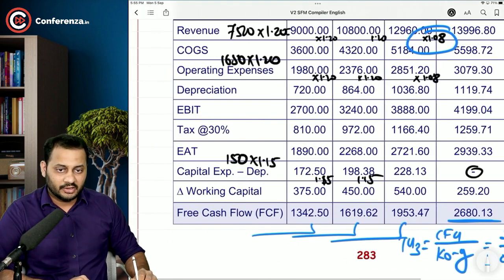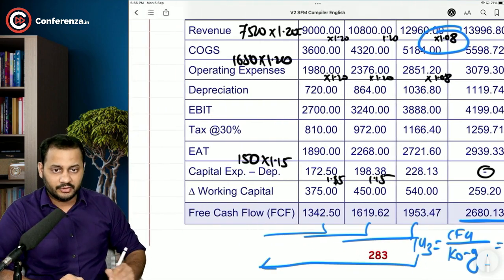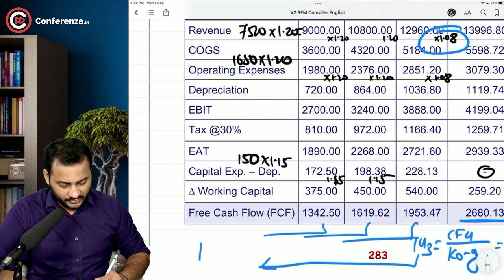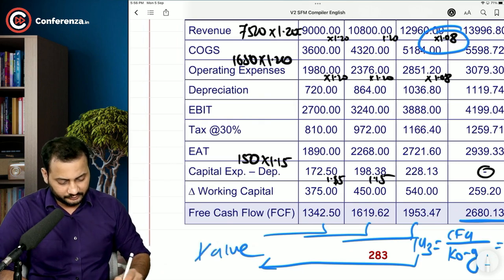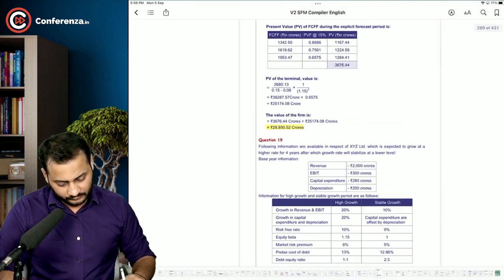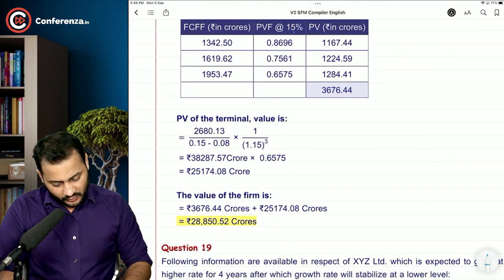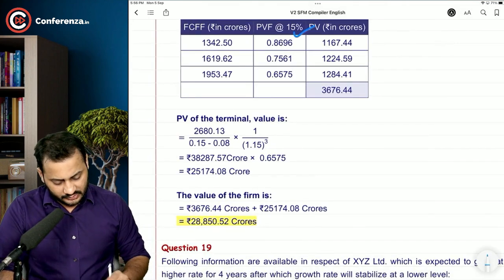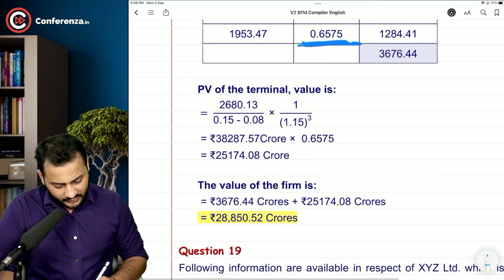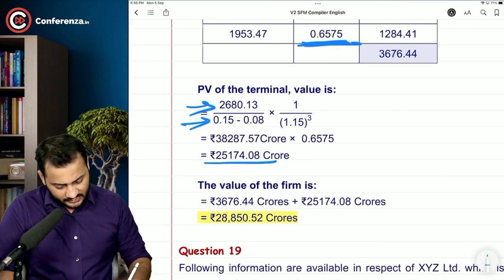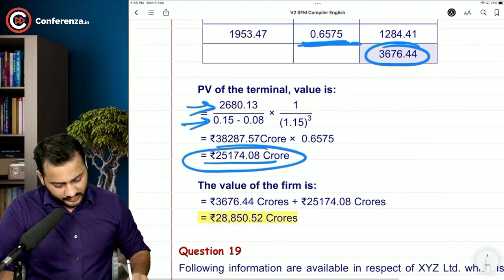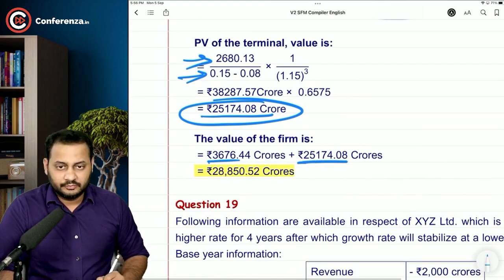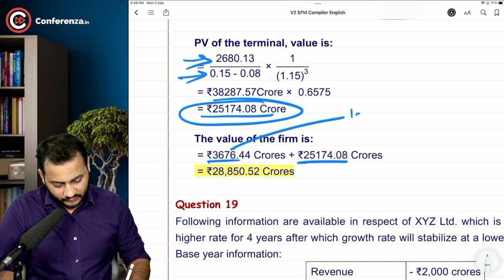Once you calculate the terminal value, you can again take it back to time 0, and this will be your value of the firm. See, we discounted the first three cash flows, and then comes the terminal value 2680. So these two figures, this is from 1 to 3 and this is TV3.